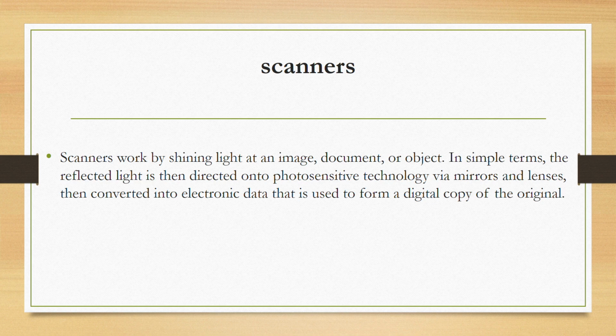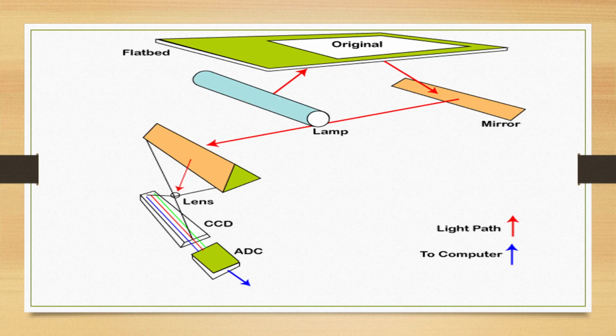As the light hits the paper it is reflected, and that reflection is converted into the soft copy that goes to the computer. The image below shows it.